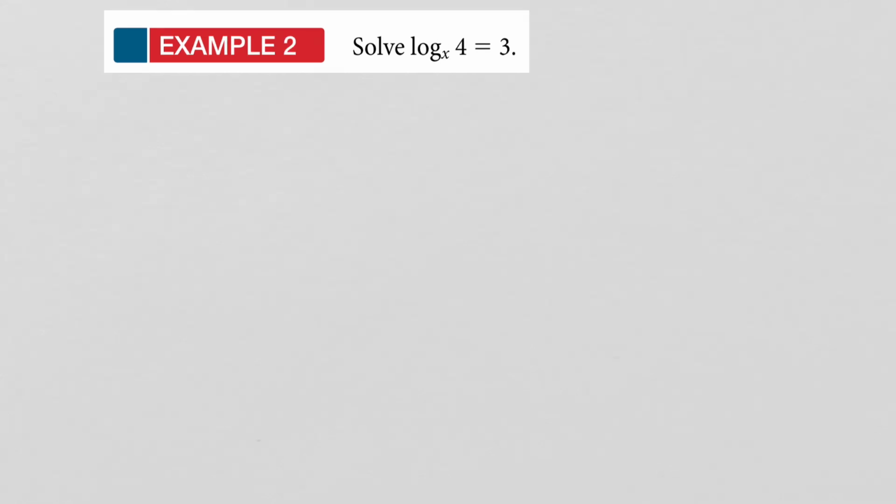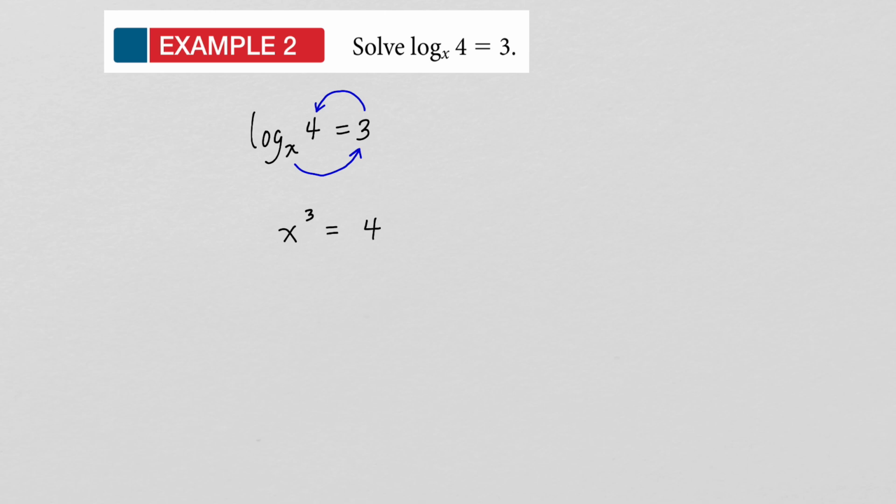Here's another one. Suppose we have log base x of 4 is equal to 3. So again, I'm going to start with the base here, draw an arrow here, and draw an arrow back here. And so this equation is equivalent to x to the third power is equal to 4.